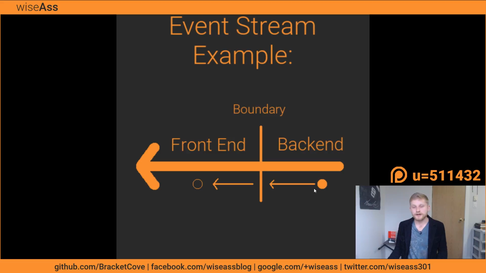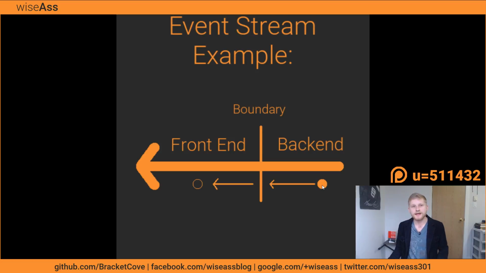One example, I would say the most common example with RxJava, is creating an event stream out of something which occurs in the back end. We could say database, network, or system service over here. Some value, some piece of data down here gets created, or an event occurs where this object gets created.